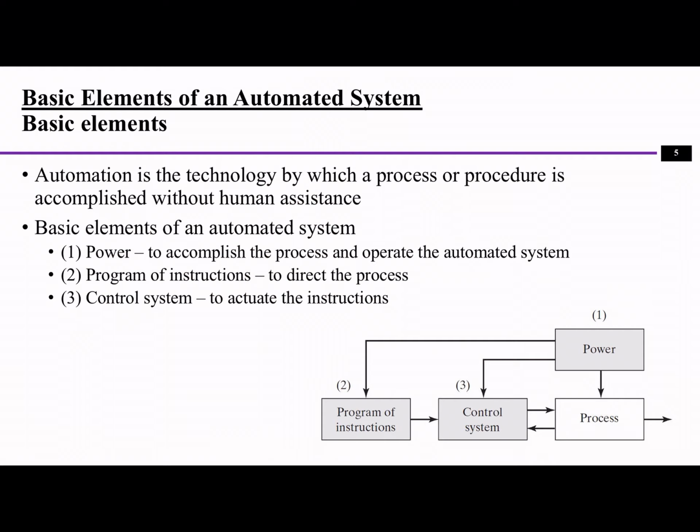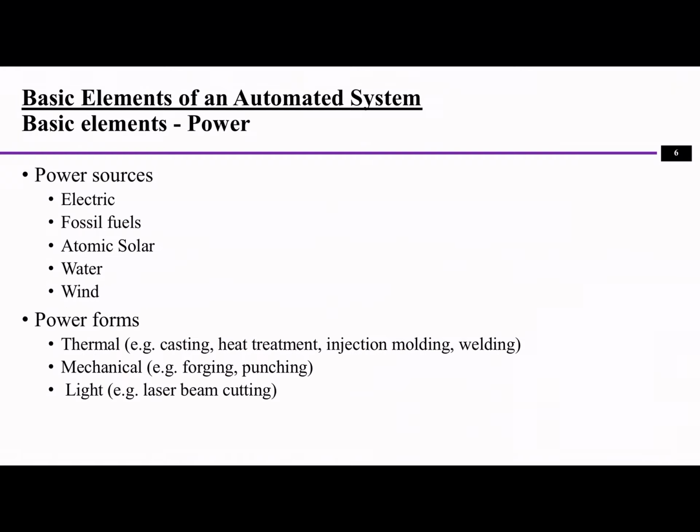The three basic elements of an automated system include power, program instructions, and also a control system. First, power. There can be different power sources.